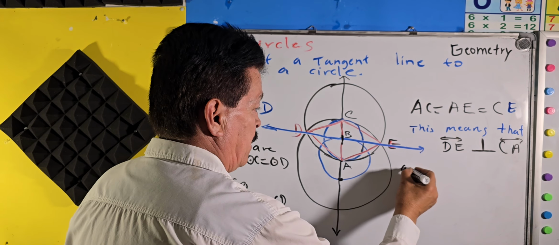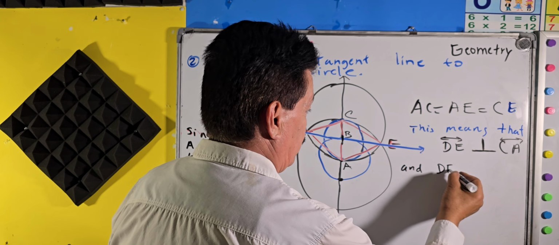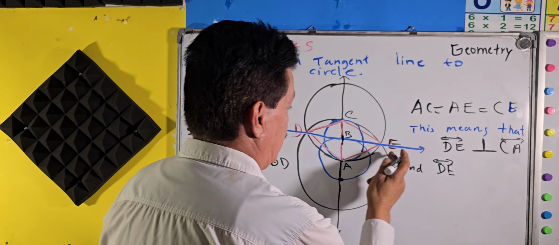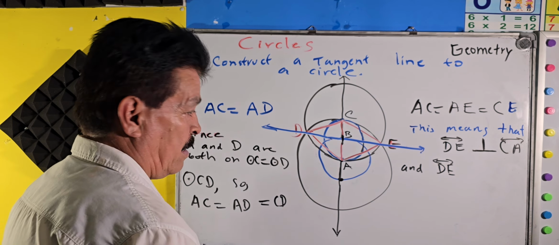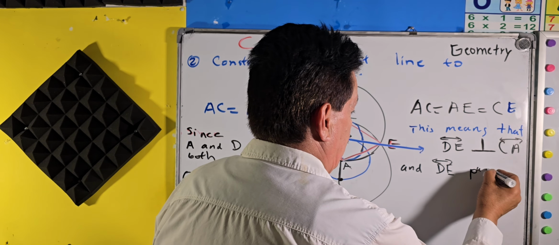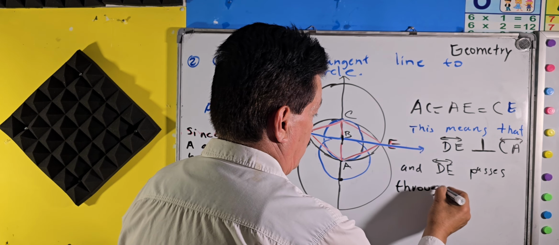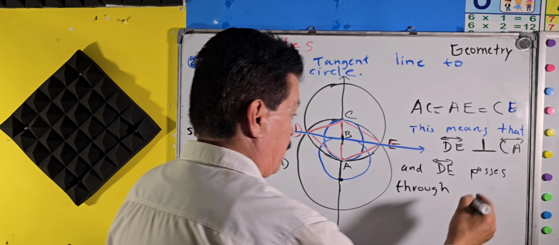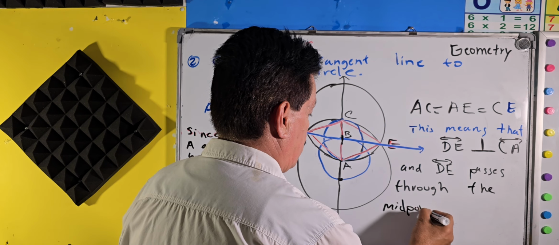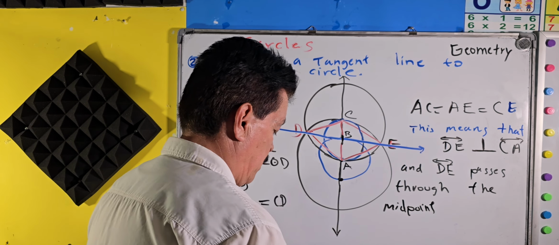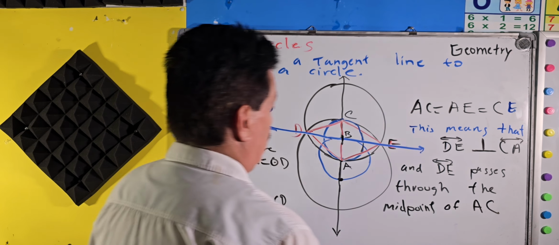And also, this line DE passes through the midpoint of AC.